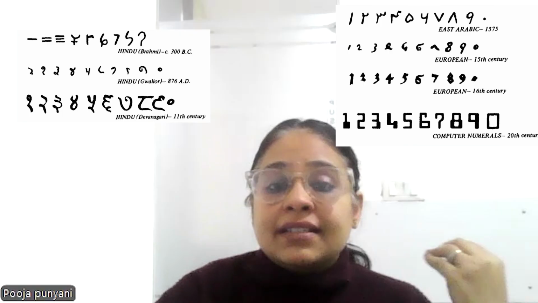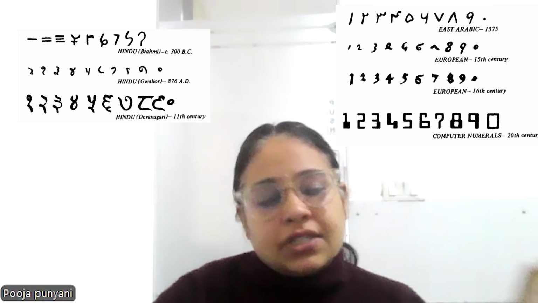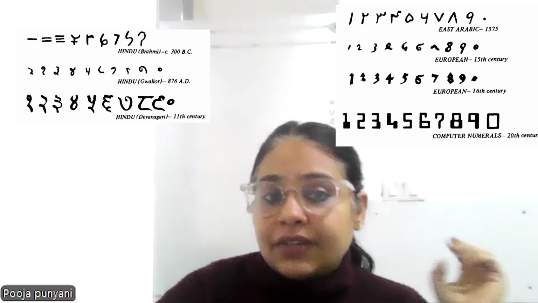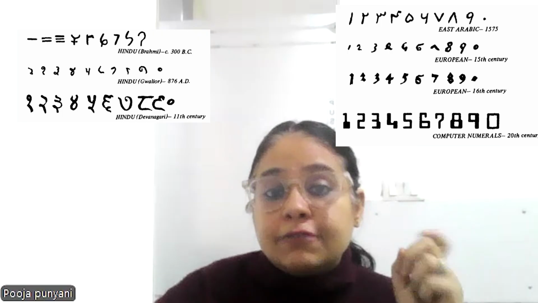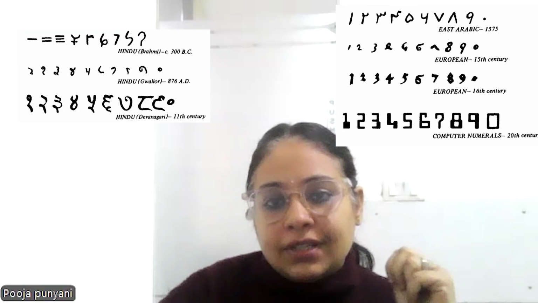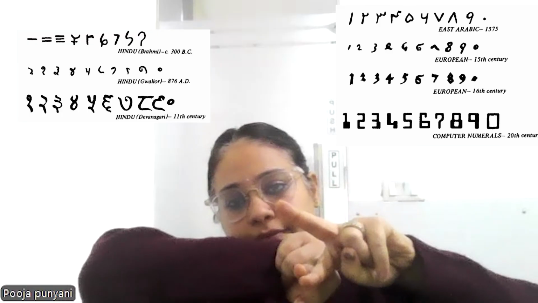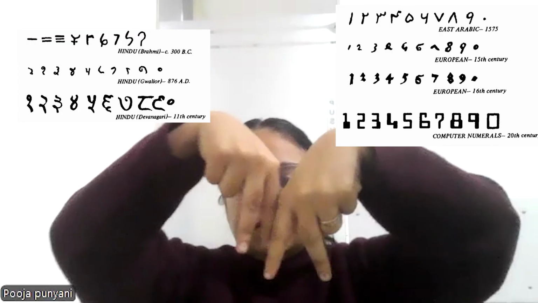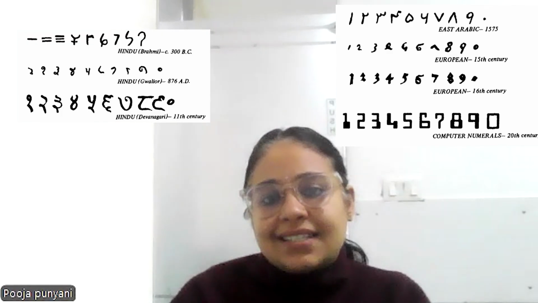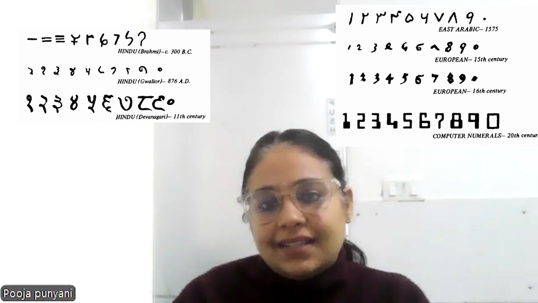So, to indicate zero, an empty position was left in the number. About 200 BC, a symbol for zero appeared, not what you think of, but it was like this, or like this. And the base 60 system developed extensively.